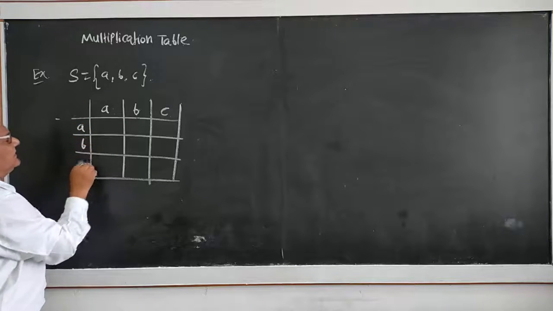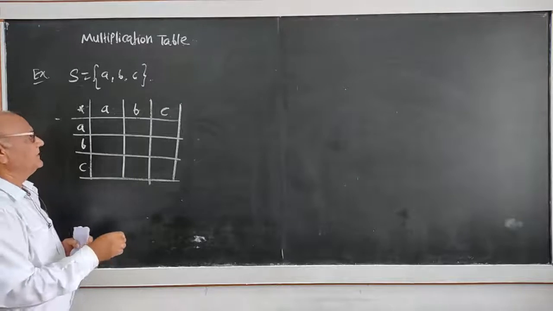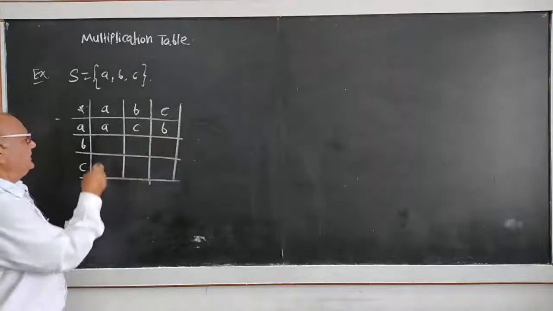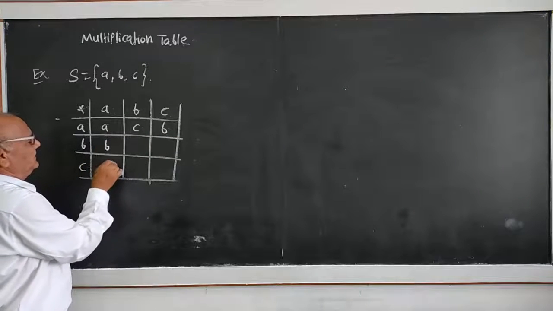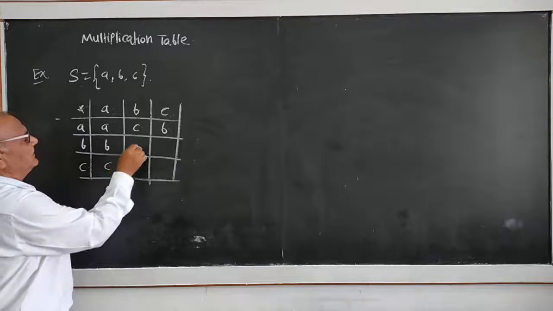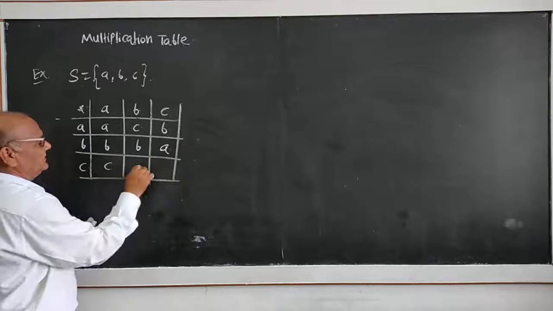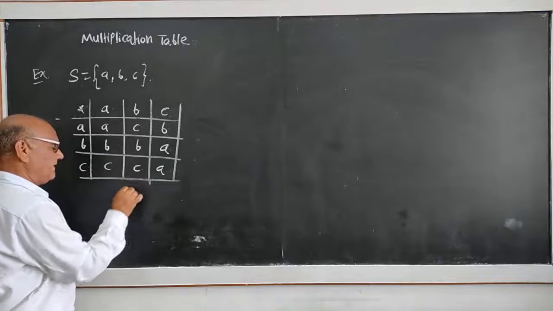Here star: A, C, B. Suppose here B, C, B, A, C, A.